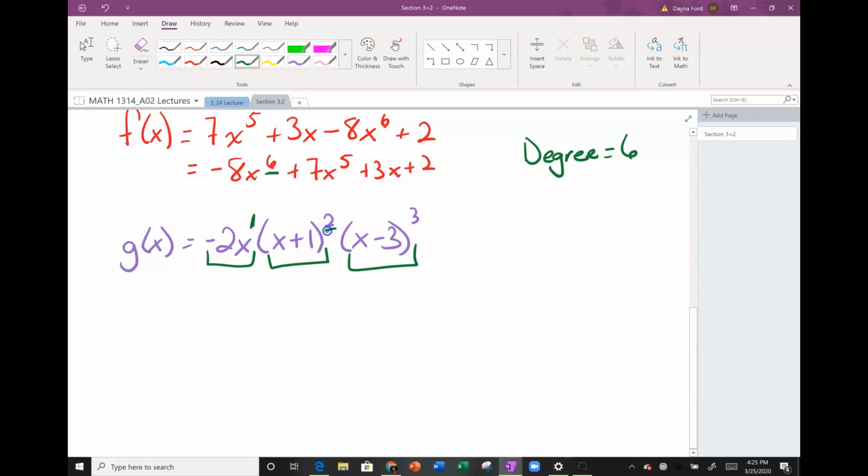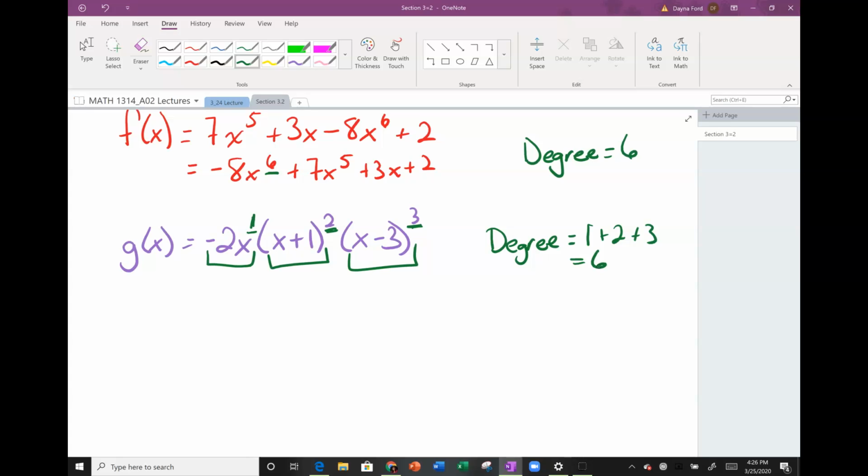And then this factor has an exponent of 2, and this one has an exponent of 3. So to get my degree, I'm adding up each of these exponents together. So I'd take 1 plus 2 plus 3, which would again give me a degree of 6. Whenever it is in factored format, you have to go back and think about what it would look like if it was completely multiplied out.